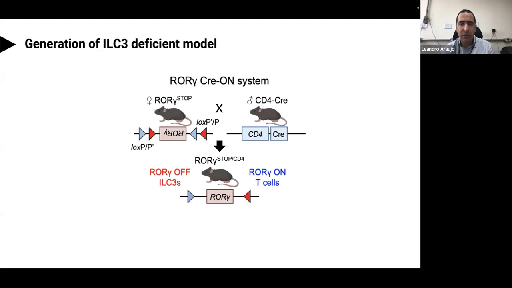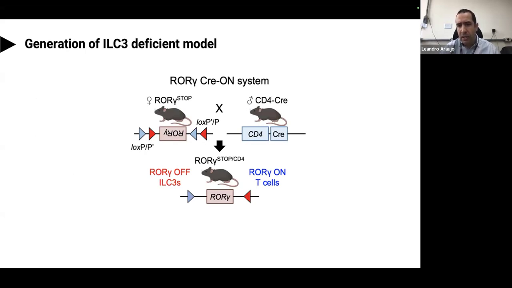To do that, we had to generate a mouse model that we call here RORγt stop mice. We invert the RORγt gene and lock it with two LoxP sites. One is a common one, and one is called the stop one. So we call these RORγt stop mice, and we cross these mice with CD4 Cre.